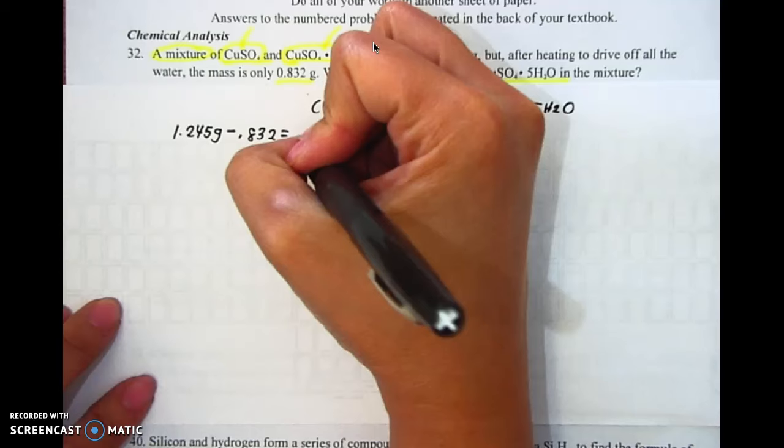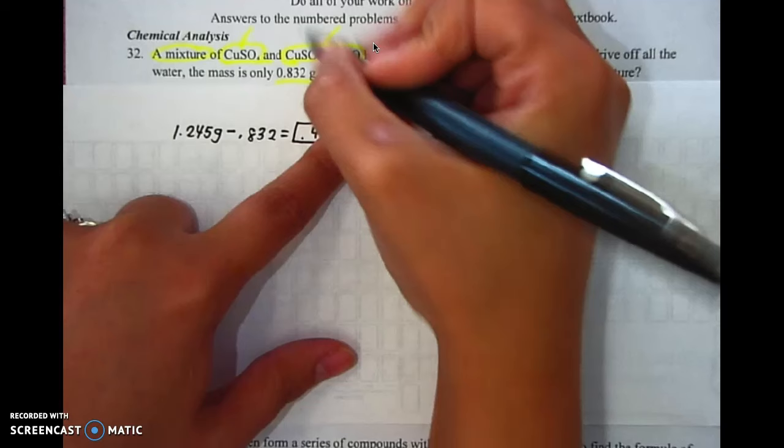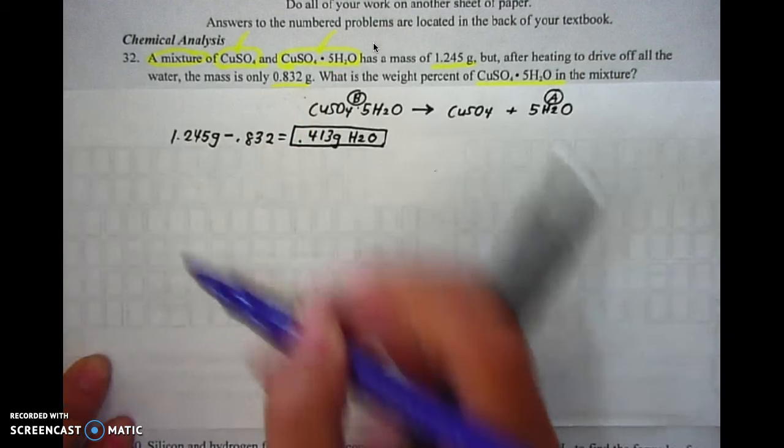With this, you can now begin your stoichiometry problem. The 0.413 grams of water becomes your A here, and your B, since I'm trying to figure out the weight percent of the hydrate, would be the copper sulfate pentahydrate. Now, I know some of you are thinking, what's the point of subtracting and getting the grams of water? Why can't we just take the 0.832 and use that as my copper sulfate for A?